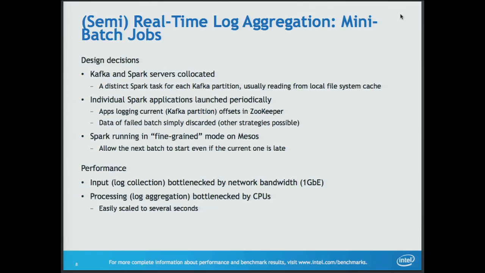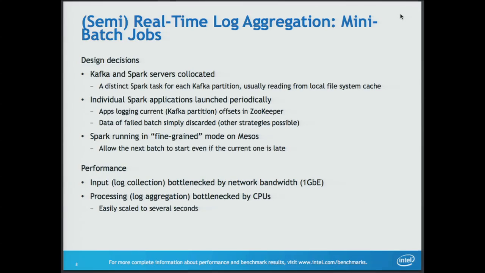So the fine-grained mode is helpful here in that it allows multiple Spark contexts to share the resources in a fine-grained fashion, so that as soon as a task finishes, you can release the resource for that task. This is handy because we are running a series of Spark jobs.